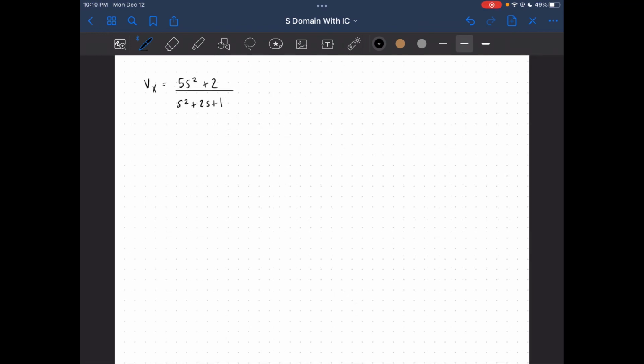So now that we have V of s, we're going to solve for partial fraction decomposition, and we're going to want to factor out the bottom by doing the quadratic formula. So we're going to do -2 plus minus square root of 4 minus 4 times 1 times 1/2, all over 2. And then once we solve that out, we're going to get -1 plus minus square root of 2 over 2.